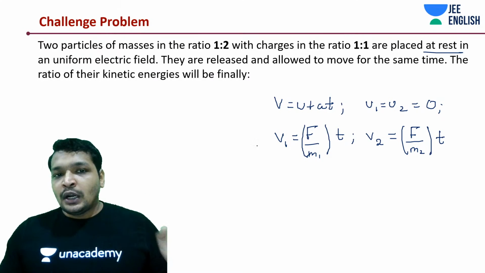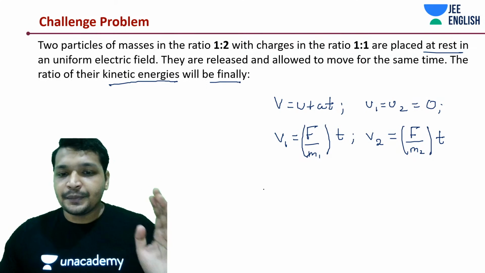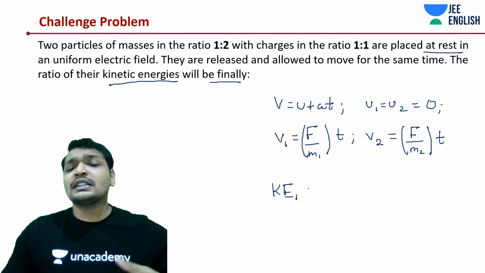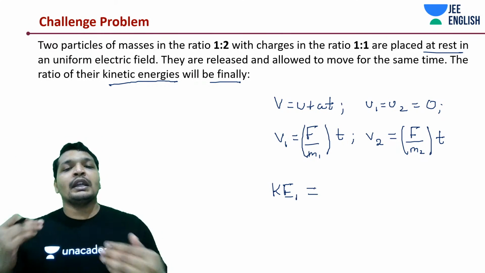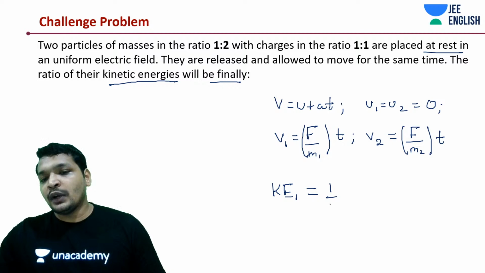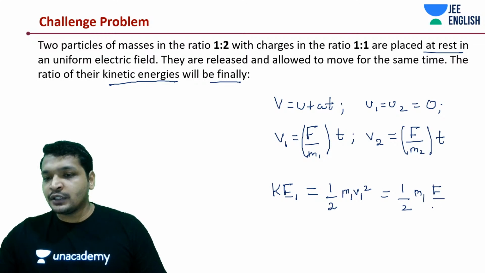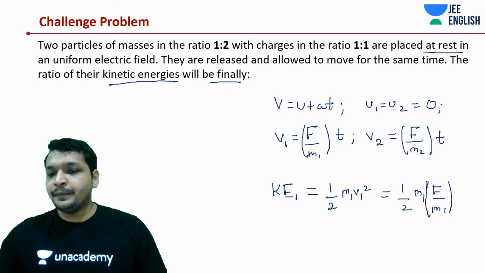Now coming to what has been asked, the ratio of their kinetic energies when they are finally released. Which one is going to have more kinetic energy? Of course, the lighter one is going to have more kinetic energy. So KE1 is half m1 v1 whole square, which is half m1 into F by m1 into t whole square.